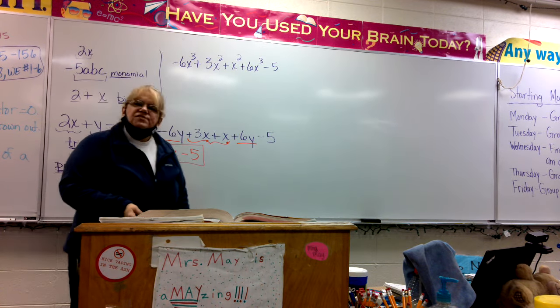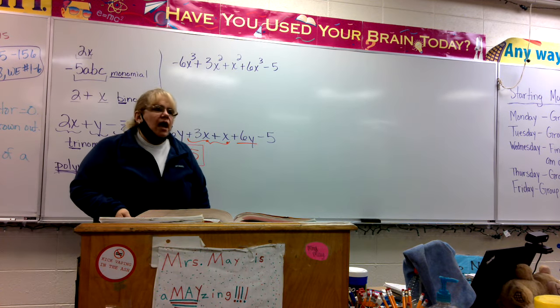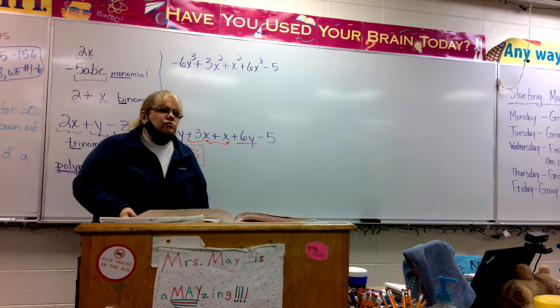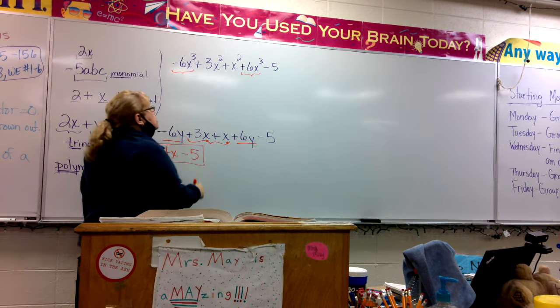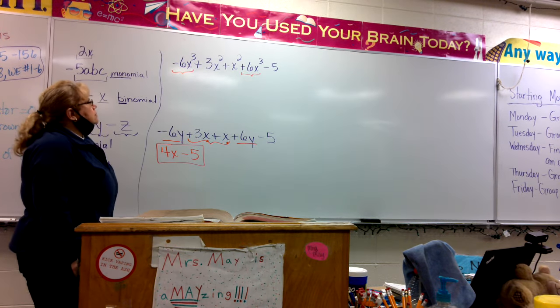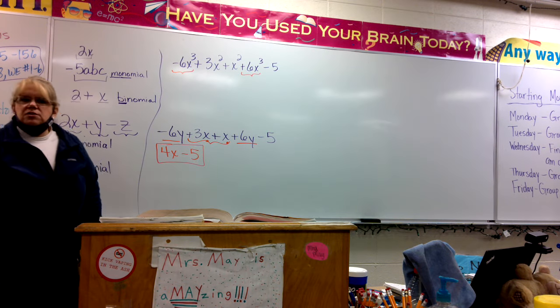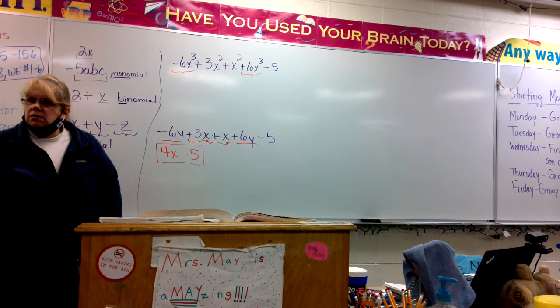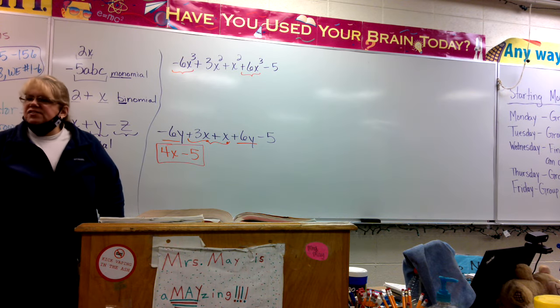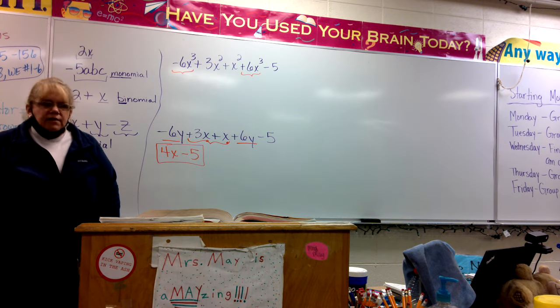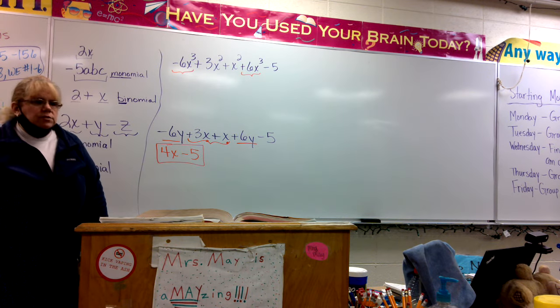You have to have the same exponent on those letters. So I can only put x to the thirds with other x to the thirds. What does that give me? How many x to the thirds? None, right? I have negative 6 and positive 6 of those. I don't have any left. 6 take away 6 is 0.